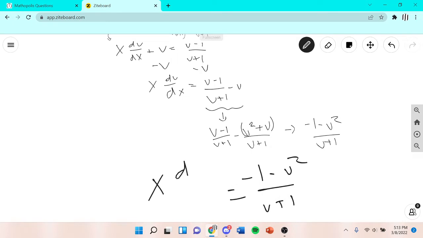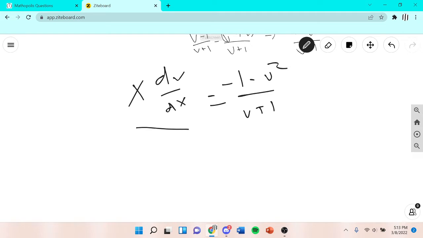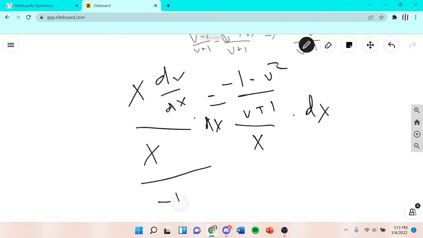So negative 1 minus v squared over v plus 1 is equal to x dv over dx. Now we're going to separate the variables, so I'm going to divide x on both sides, and we're going to times dx on both sides, and we're going to also divide by negative 1 minus v squared over v plus 1 on both sides.